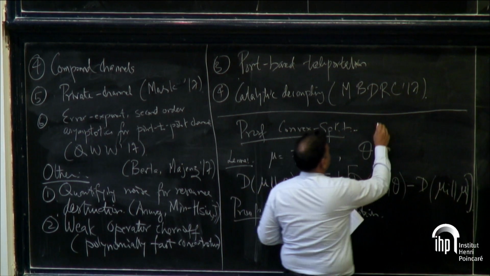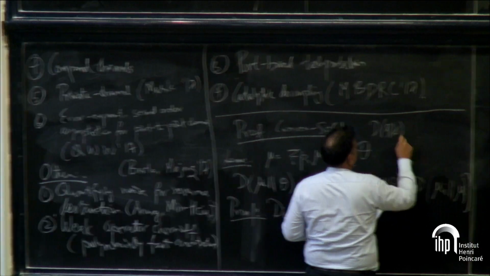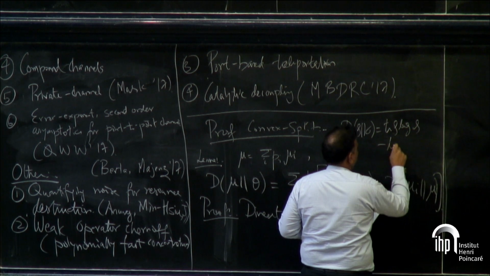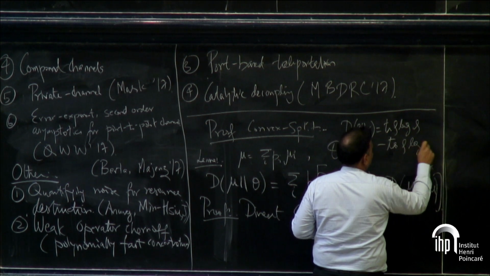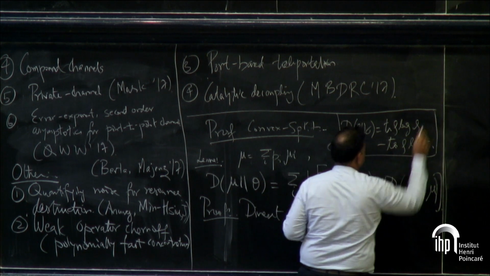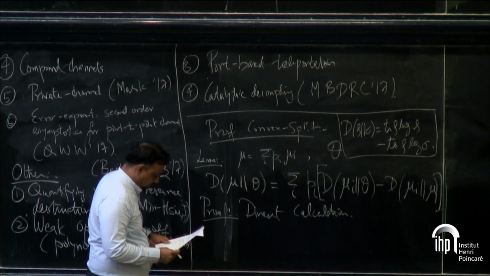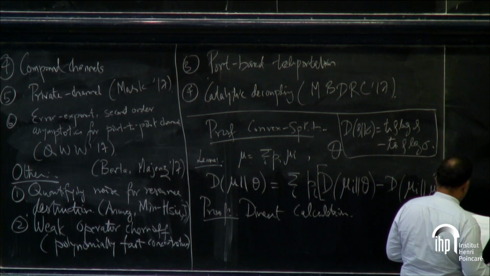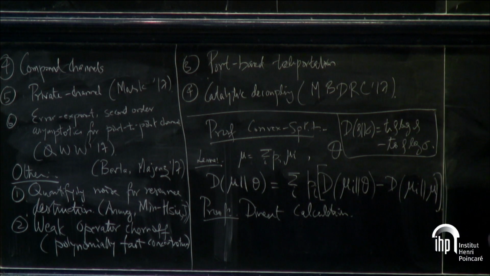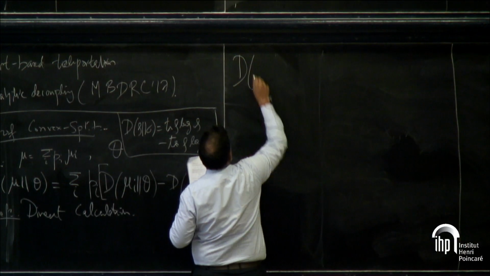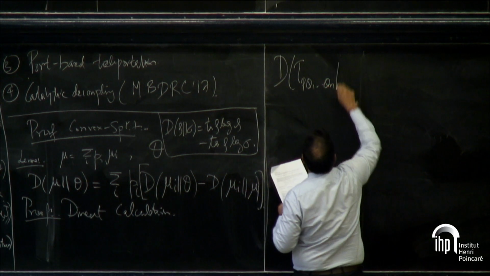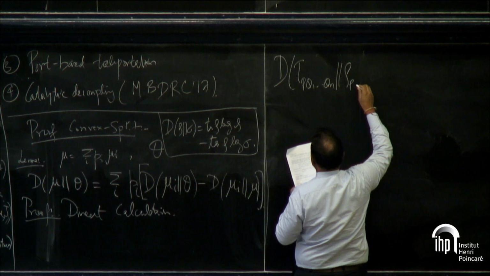By the way, I never wrote a definition for D, but the definition of D is trace rho log rho minus trace rho log sigma. Okay. So let's say we have that, and now we can just consider the calculation. So we have D of tau_{PQ_1...Q_n} with rho_P tensor sigma.